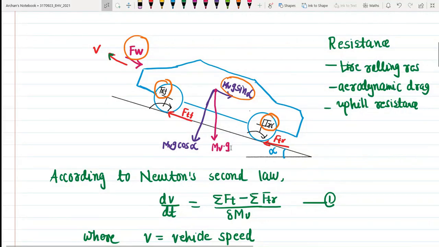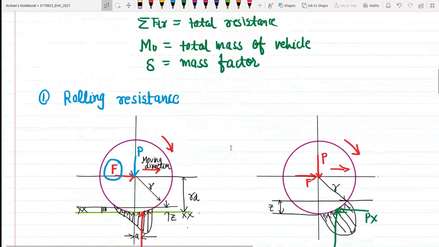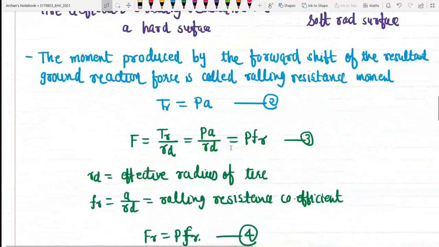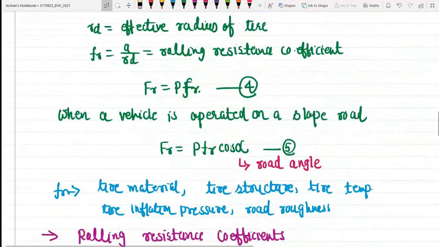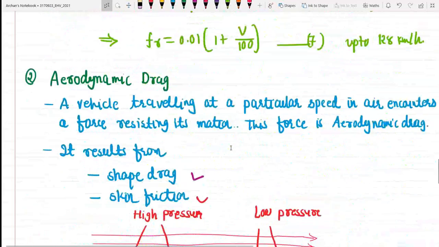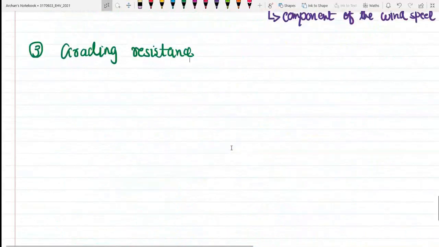This component will either oppose the forward motion when the vehicle is climbing a grade, or help the forward motion if the vehicle is moving downward. In vehicle performance analysis, only uphill operation is considered, and this grading force is usually called grading resistance.